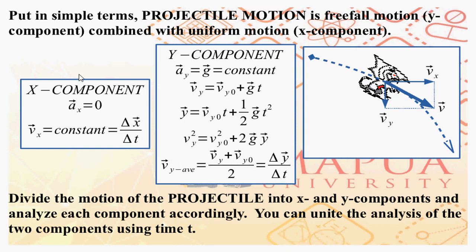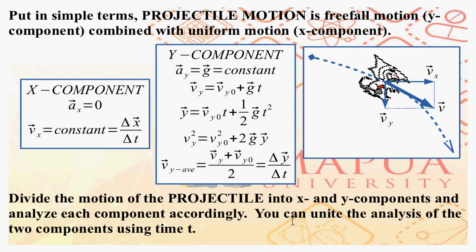And you analyze the x component separately from the y component, bearing in mind that there's only one object moving. So for instance, there's only one time of travel. 5 seconds on the x component means 5 seconds also on the y component.